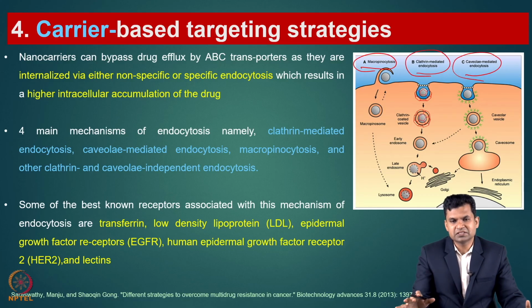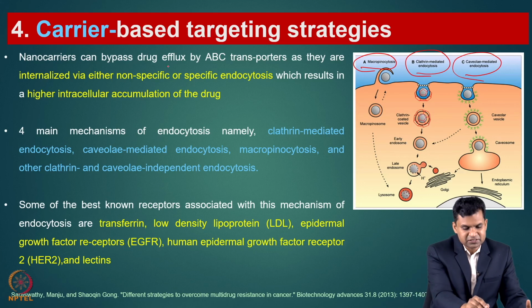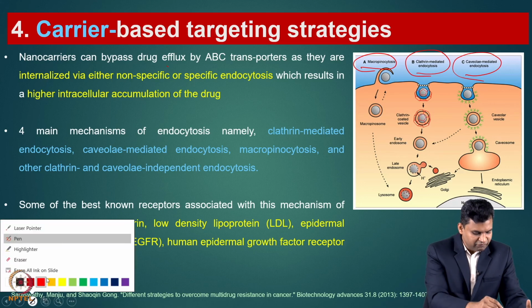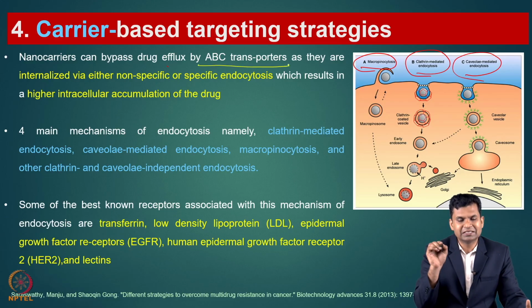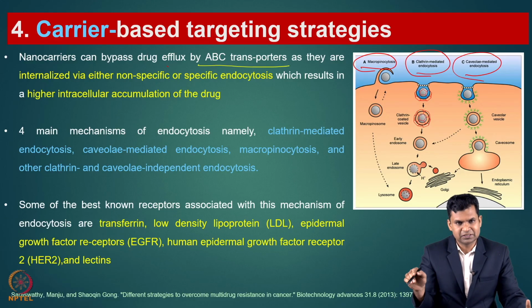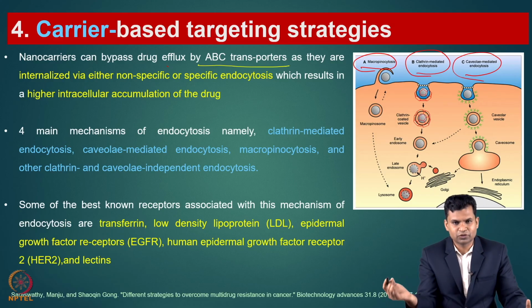These various transport systems will help in cellular uptake studies, because there are efflux systems in the body which will not allow the molecules to enter into the cells. Drug efflux is nothing but the efflux of the molecule from the cells. That leads to low bioavailability and low efficacy.